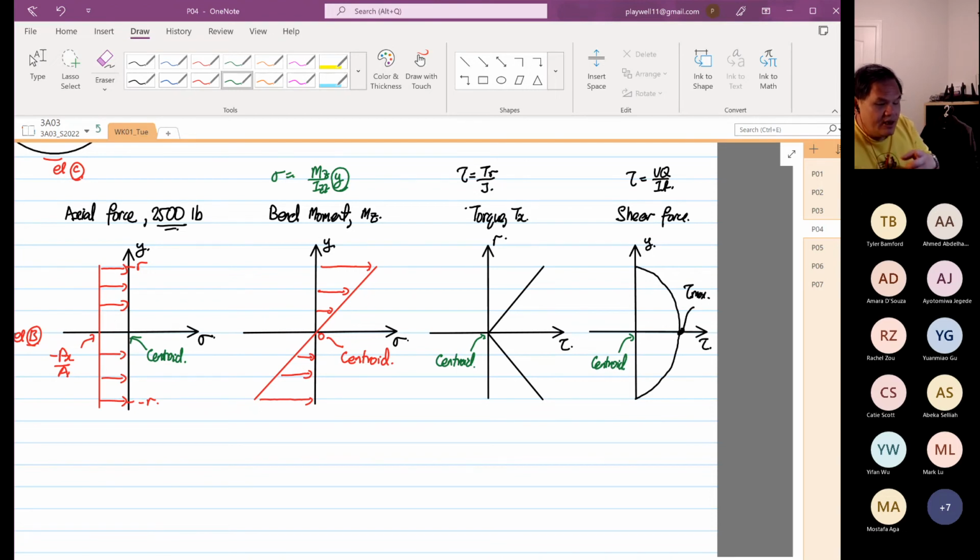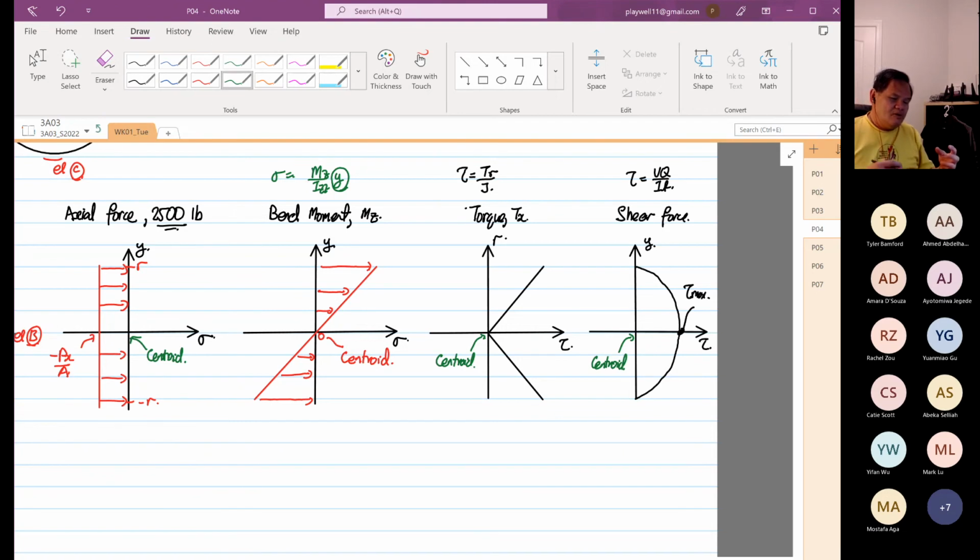If you look at the shear force, something not so good happened. The shear force at the centroid is where maximum shear stress will occur, and away from the centroid is where you have zero shearing stress.